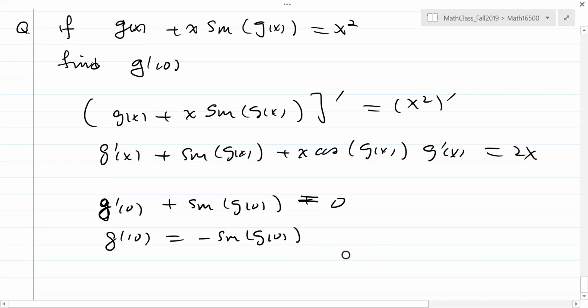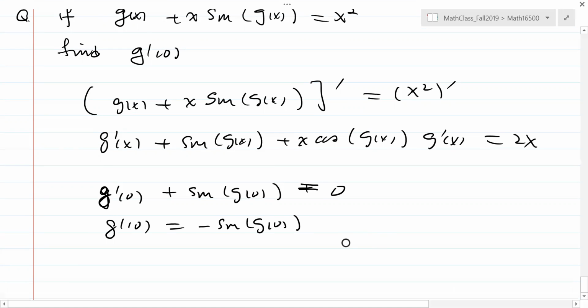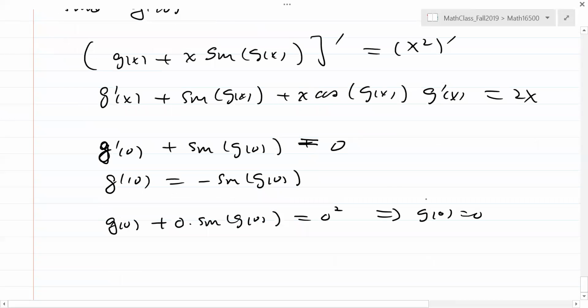How do you find g of 0? That's easy. Just plug 0 for x. You will get the first equation, right? g of 0 plus 0 sine g of 0 is 0, and clearly g of 0 is going to be 0. So you put it here, then g prime 0 is going to be negative sine 0, which is 0.